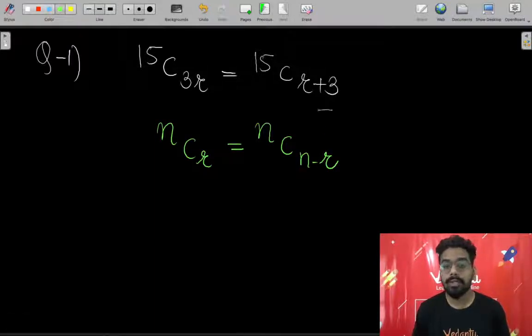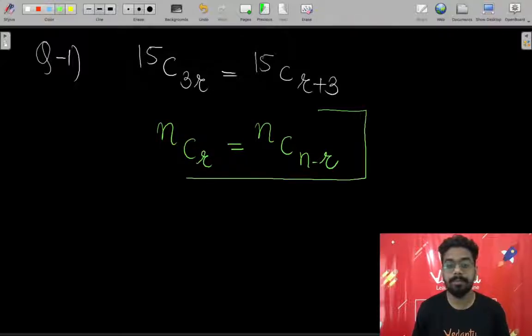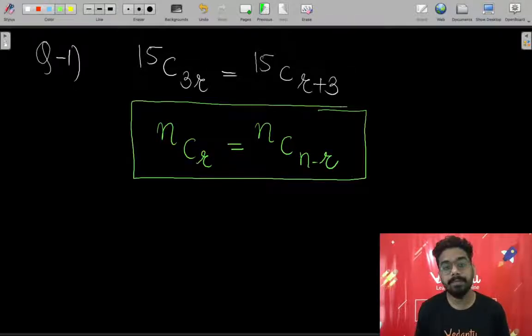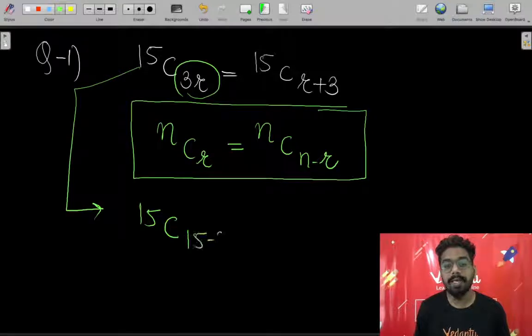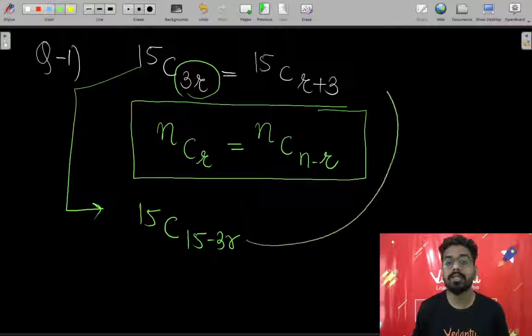Okay, so this is your concept. So we can say if this is 3R, we can say that this is equal to 15C(15 minus 3R). And if this is so, we can compare these two things.